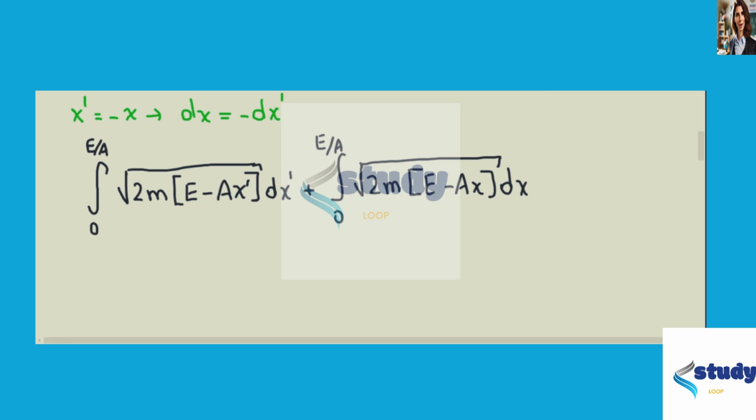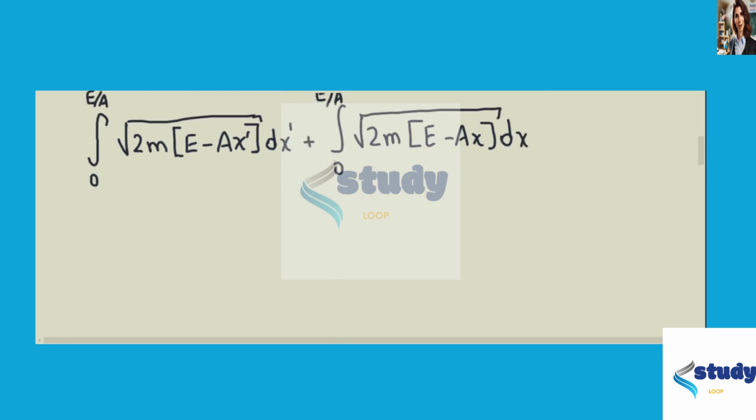So notice that these two integrals are exactly the same, since it doesn't matter if I'm integrating over x prime or x. So this is equal to 2 times the integral from 0 to E over A of the square root of 2m times E minus Ax, dx.